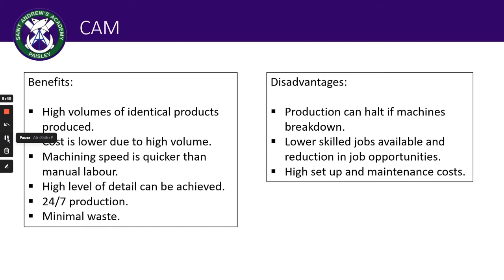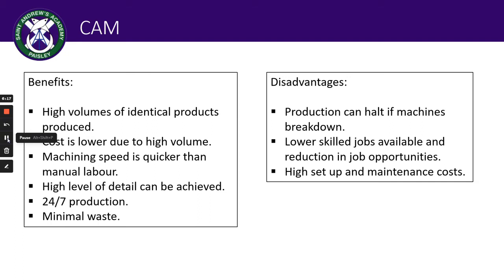Computer-aided manufacture also means that the machining is quicker and you can run your production line 24 hours, 7 days a week if you want to maximise your production, and again this impacts on profits. Other benefits include high levels of product accuracy and detail. This can be achieved quite easily, and there's a minimal amount of waste material as the systems can be programmed to automatically optimise the production.